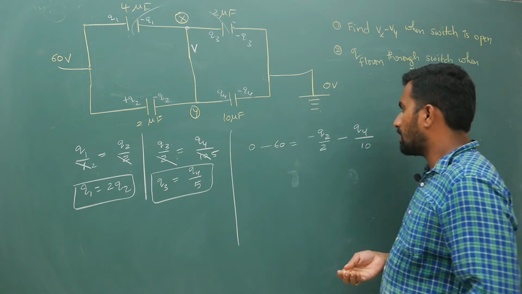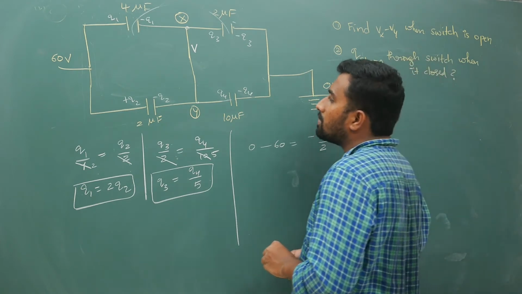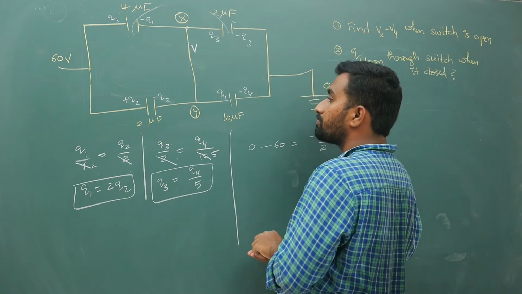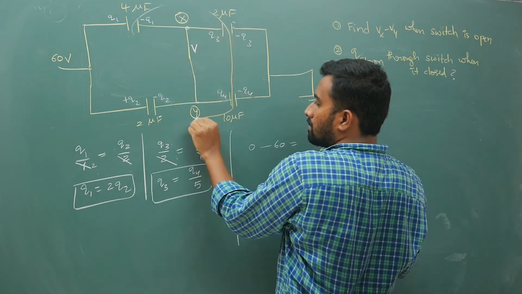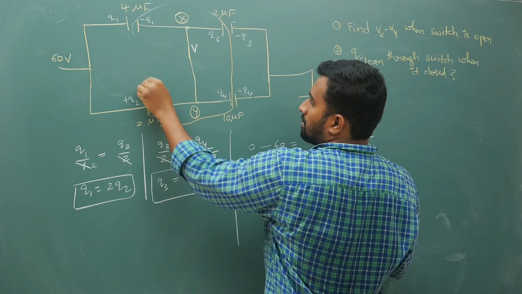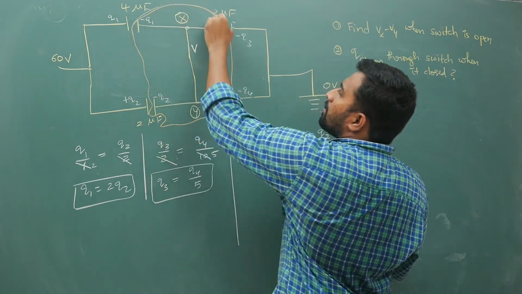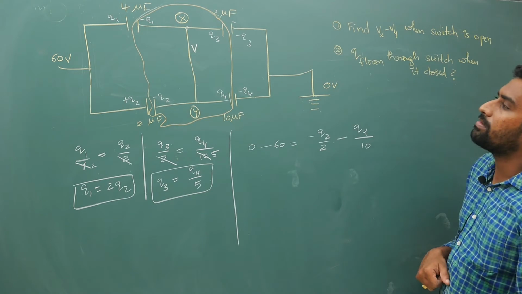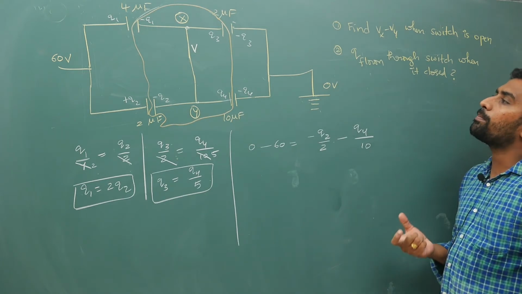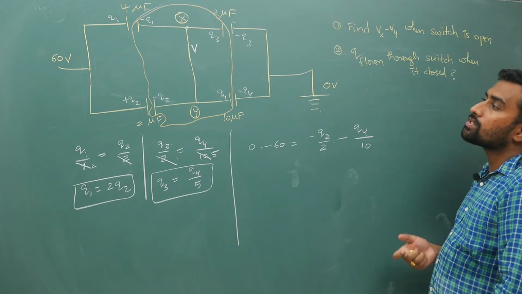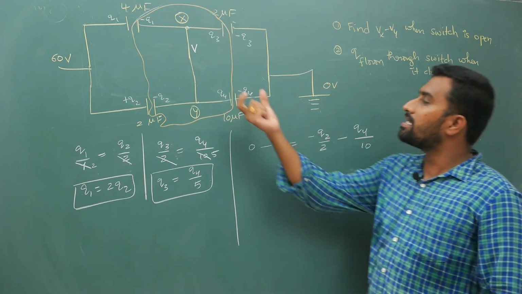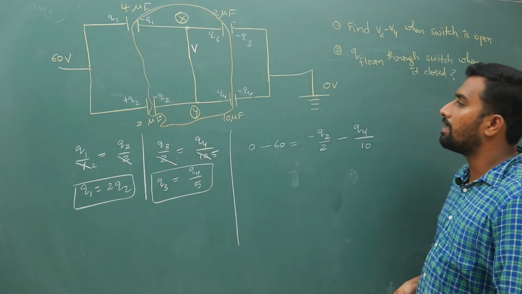One more thing that I can do is take this loop. In this loop the enclosed charge is supposed to be 0, because all those 4 plates do not have any external connection apart from this. So whatever charge comes, only redistribution will happen, rearrangement will happen.